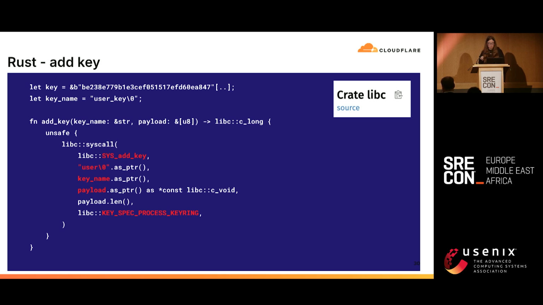One caution: in Rust, the C code and Linux work with null-terminated strings. So you either need to add the null-terminating byte at the end of the string yourself, or use a special Rust function.